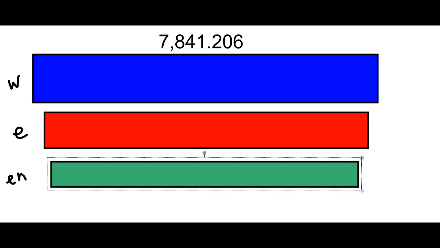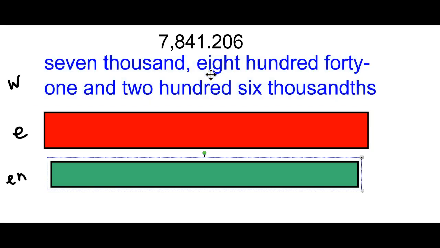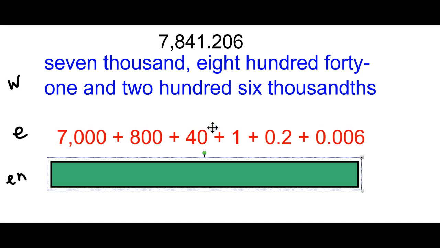Okay, guys, this is what your word form should look like. So check on your whiteboard, see if this is what you have. 7,841 and 206 thousandths. And your expanded form should look like that.